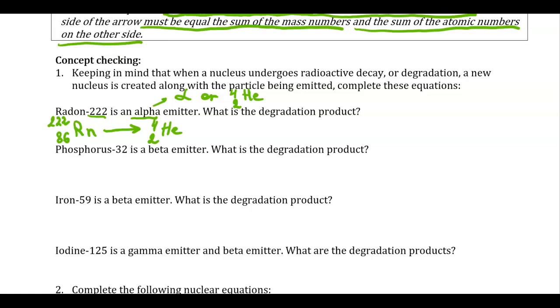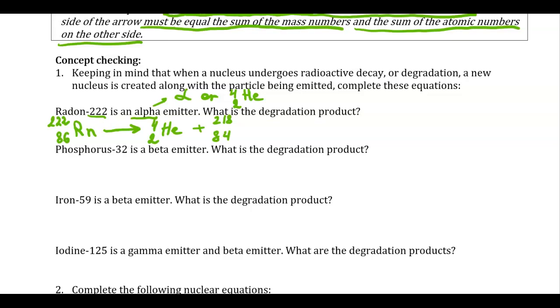So what should I do? 86 here, 2 here, that gives us 84 here. 2 plus 84 gives us 86. We are good. It's correct. So 222, 4 for helium, that means 218 here, and this is a new particle.